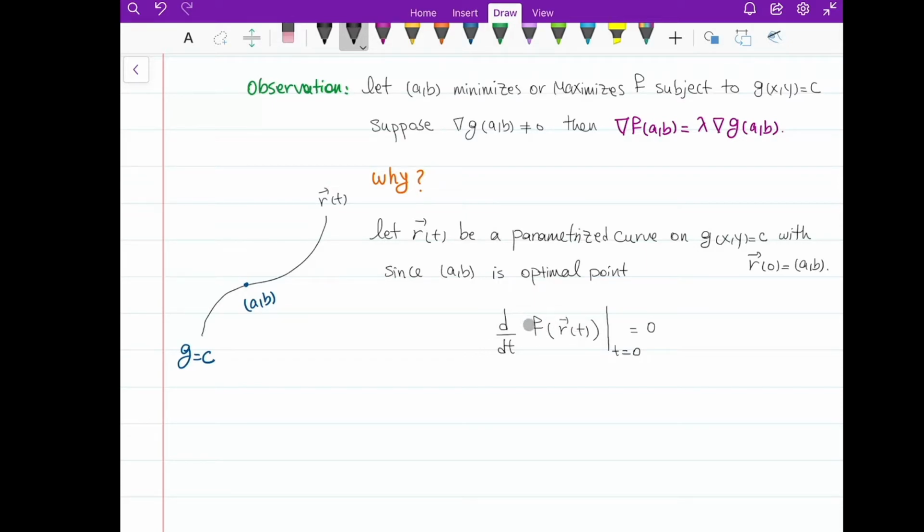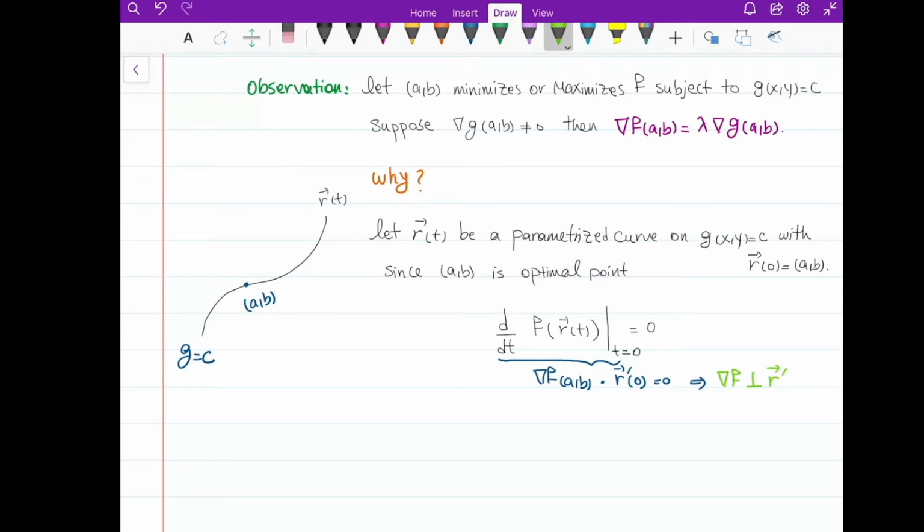So what is this derivative? Using chain rule, this is basically gradient of f at the point a and b, at time t equals 0, times the derivative of the inside function, which is r prime at 0. And this derivative is 0, which means that gradient of f is perpendicular to r prime.